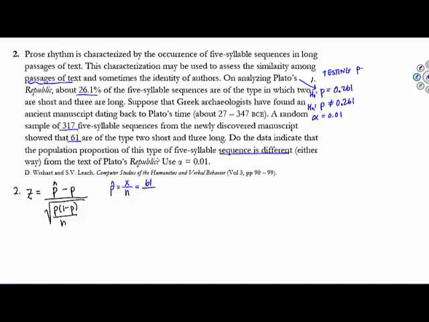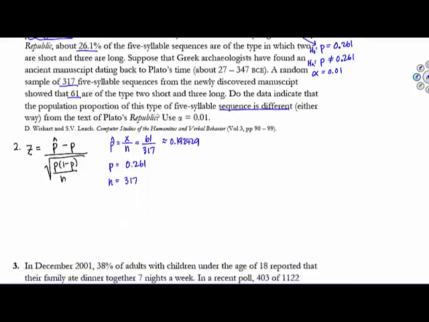61 of the 317 5-syllable sequences gives us a sample proportion of 0.192429. And p, of course, is the null hypothesis, 0.261. And sample size n is 317. So we can cook up the value of this z test statistic.